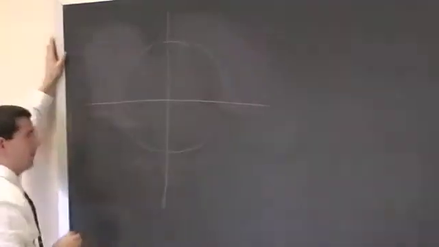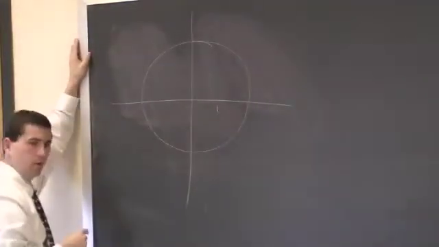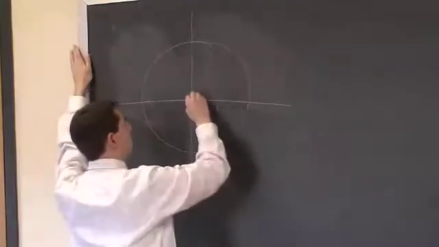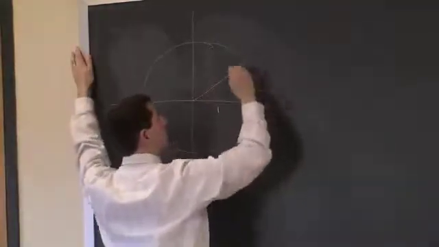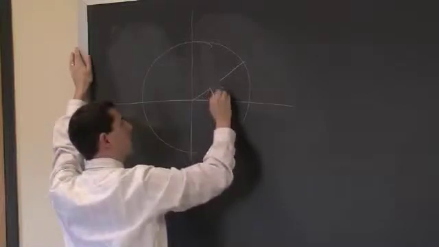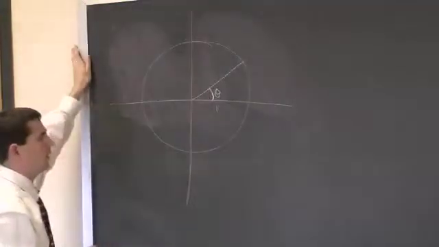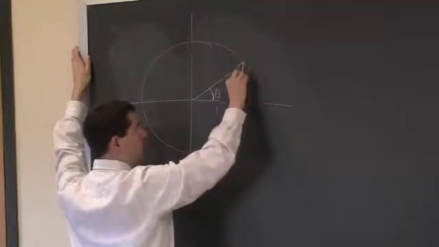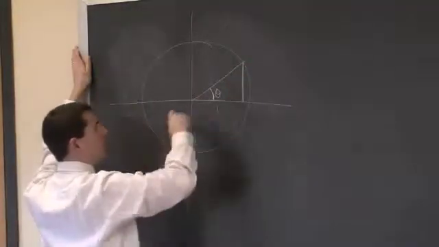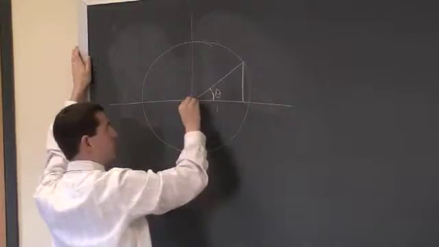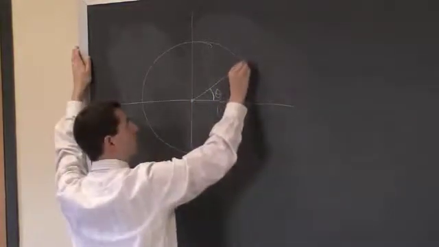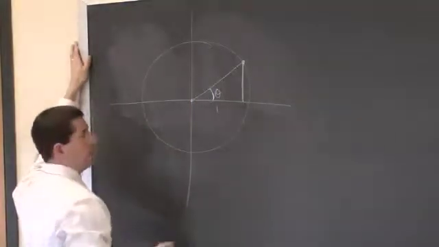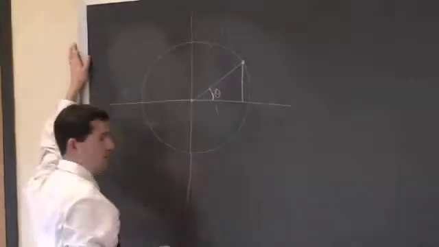We drew a unit circle. So here's a circle with radius 1, and you choose an angle, theta. Now you get a right triangle by taking this ray which goes from the center of the circle to the circumference of the circle, and then dropping a perpendicular to the x-axis.